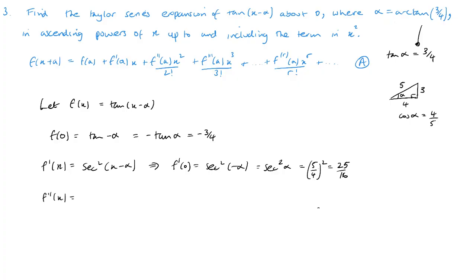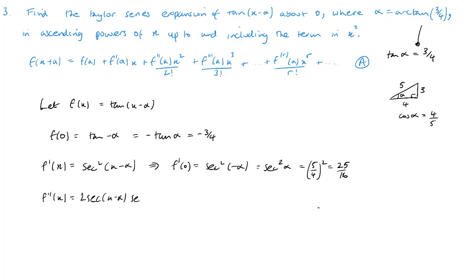Now we need to differentiate a second time. So this is sec x minus alpha all squared. So differentiating, 2 comes down. So we've got 2 sec x minus alpha. Differentiating sec x minus alpha will be sec tan.